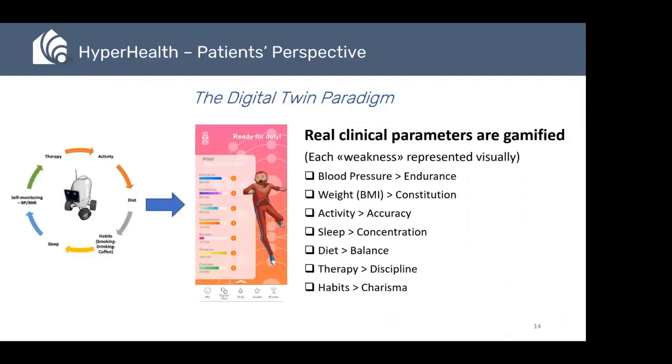A few words on the digital twin paradigm. Basically, using the information and the paradigm from video gaming and from role-playing games, we transposed the 7 slices that we described before, that you can see on the left part of the slide, to 7 parameters of a character, a digital character, a digital twin, which is a representation of the patient, and that is also represented by colored gauges that in real time, depending on the measurements taken from the person with the app, can change to represent the current status on that specific parameter.